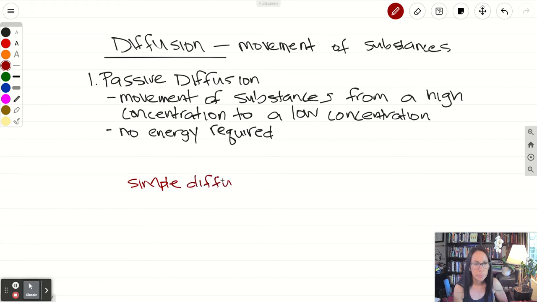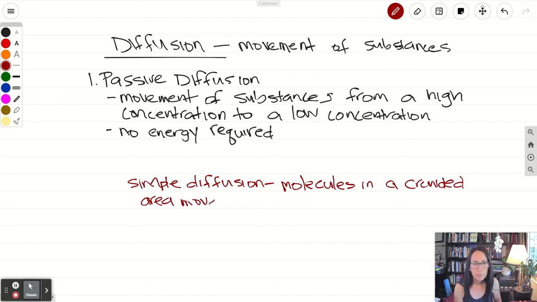What this means is that it's the same concept where molecules in a crowded area, crowded meaning high concentration, move to a low crowded area. I'm not sure if that's even a word. Low crowded, so a more spacious area.